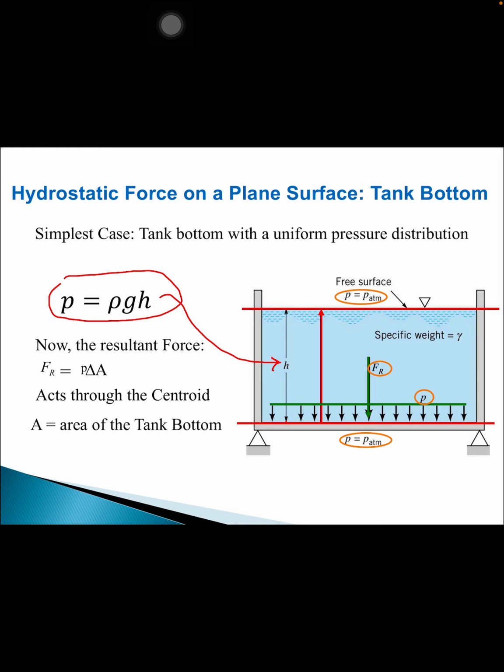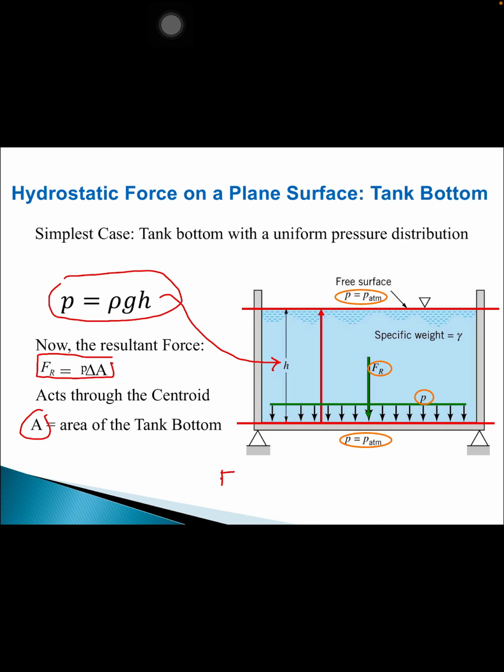Okay, but when we are involved with a plane or object, we have to include the area. That's why FR equals delta P times area.